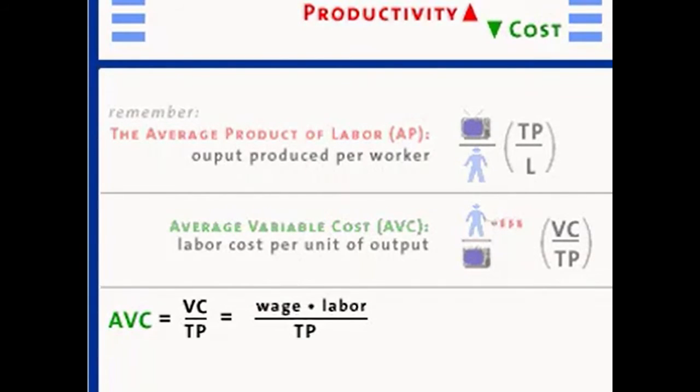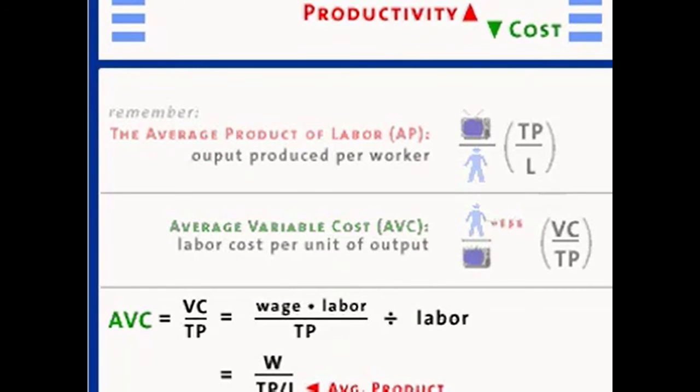W, that is the wage, divided by the total product of labor over the number of workers. Now, what is this term right here in the denominator of my fraction? It's the average product of labor, output per worker. So the average variable cost is equal to the wage divided by the average product of labor, AP.